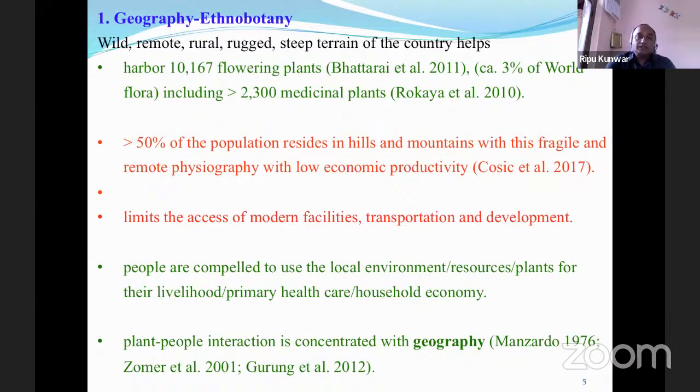So this compels local people to use the local environment and plant resources for their livelihood, primary health care, or household economy. So plant-people interaction is concentrated with geography. This is one component.